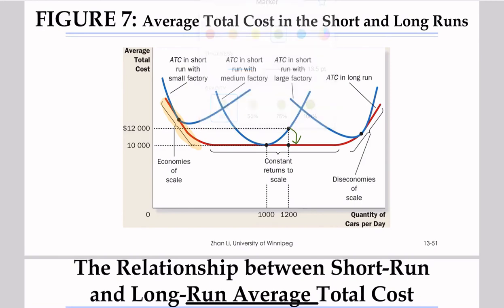And then we have this section, right, marked in this different color. You can see that here, as you increase the number of cars, then the average total cost is fixed. It is $10,000, right?